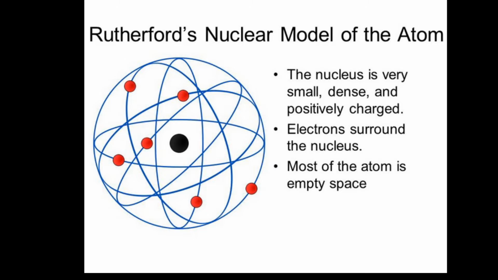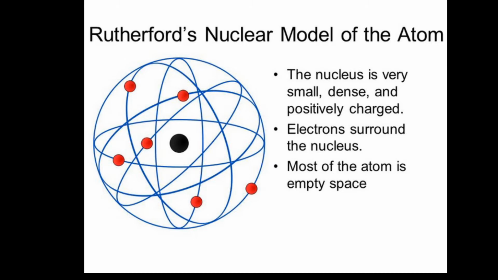Now you see the first one. They fire a stream of alpha particles, which are positive particles, at a very thin gold foil, and count how many alpha particles were scattered at different angles. This is the atom arrangement here. Now let the alpha particles pass.